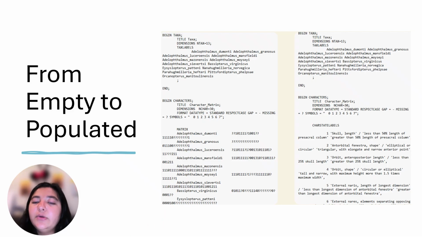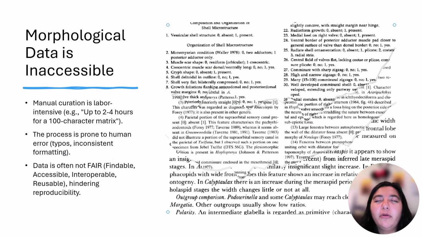And that gets to the bigger question of morphological data just being inaccessible in general, because sometimes matrices are incomplete and manual curation is just so slow. Sometimes it takes up to 2 to 4 hours to even type out 100 characters onto a matrix. And I say that from experience because I've done that.